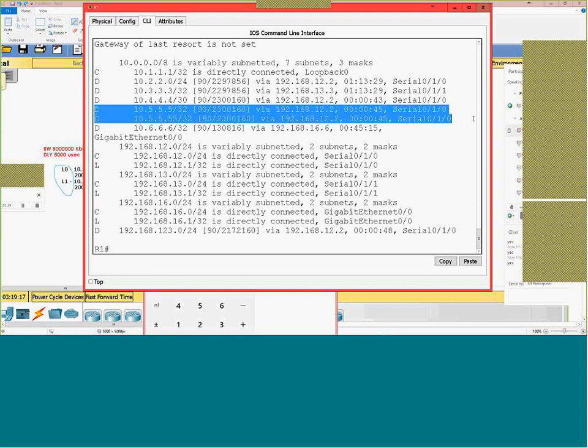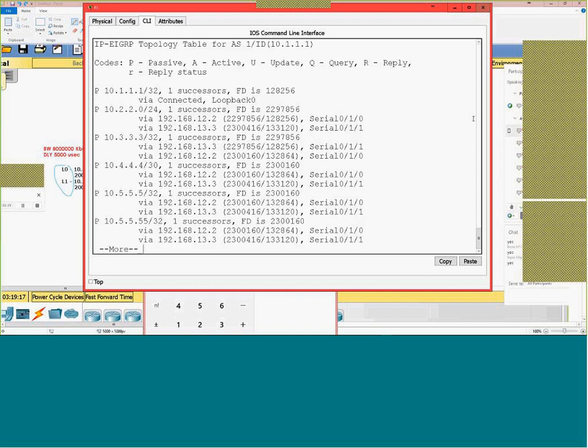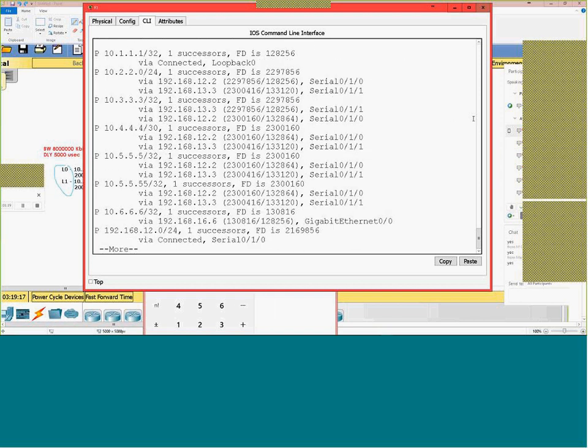I am now preferring the path through router 2. And if I do a show ip eigrp topology, you will see that I only have one successor, but I have 2 paths. See how that works?